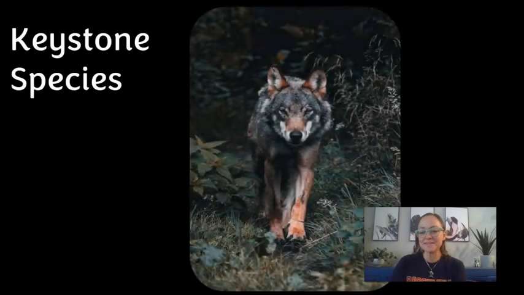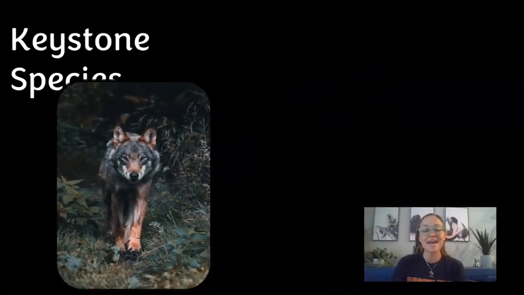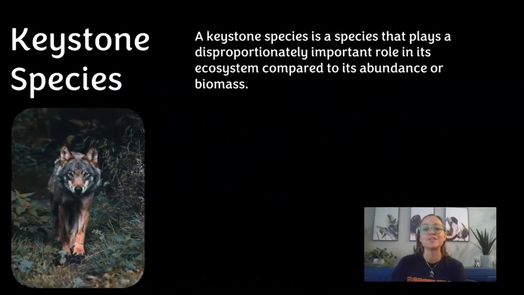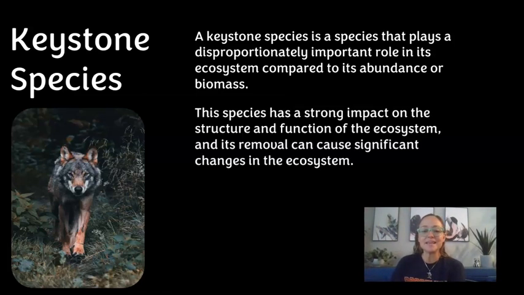And then the last one I'm going to talk about in this video is the keystone species. The keystone species is a species that has a very large, disproportionate impact on the ecosystem and its biomass. And so when I say disproportionate, what I mean is it doesn't take a lot of them.